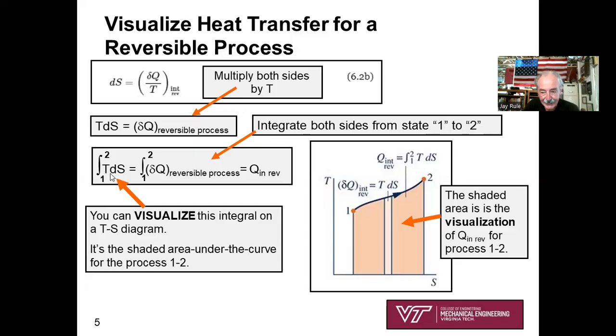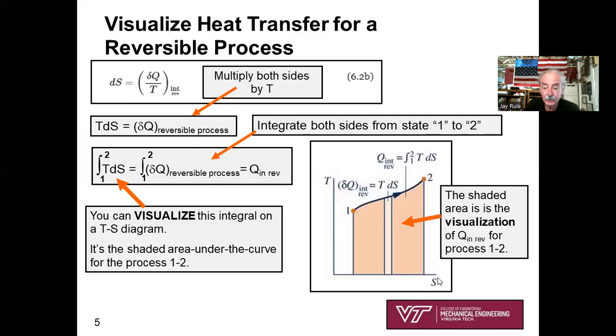That's like y dx. The integral of y dx is the area under the curve. And that's why this little short video is extraordinarily important, is that we're introducing the idea of a TS diagram.